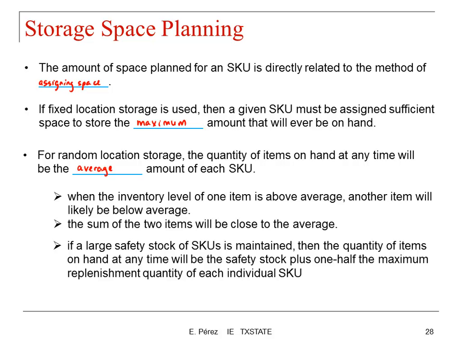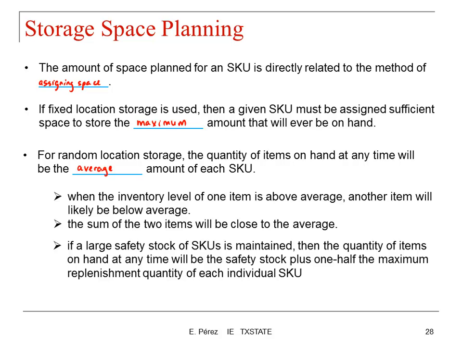And if a large safety stock of SKUs is maintained, then the quantity of items on hand at any time will be the safety stock plus 1/2 the maximum replenishment quantity of each individual SKU. So this we are going to use as a design requirement for our first example. And that's the last thing we're going to do today.